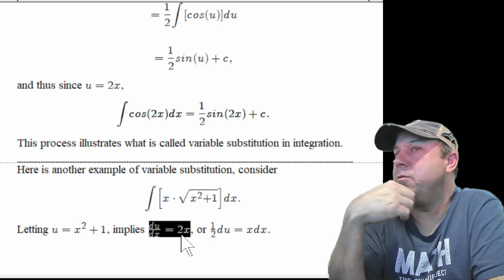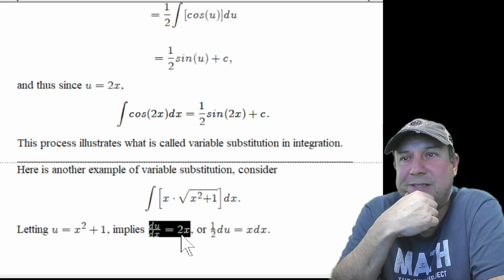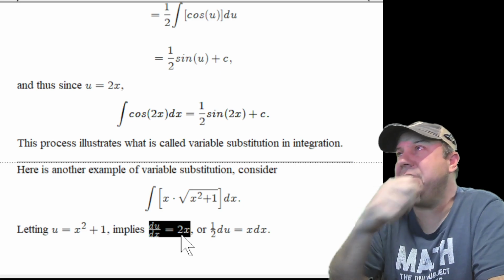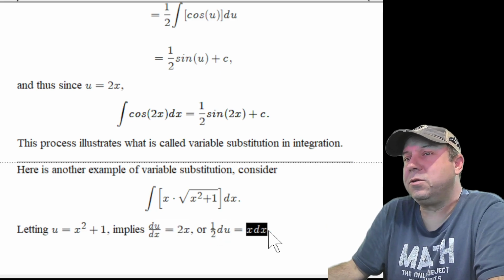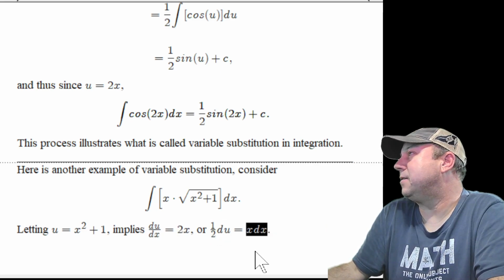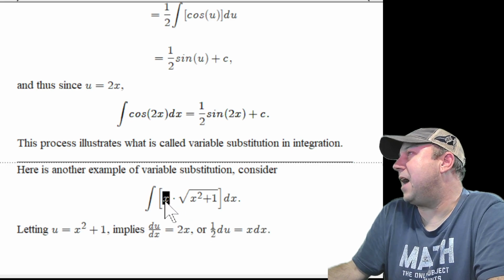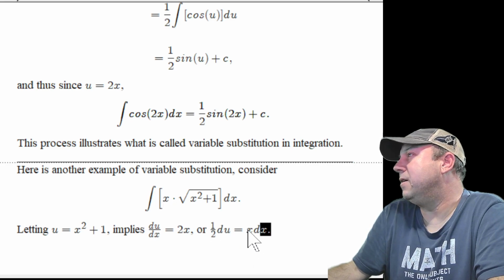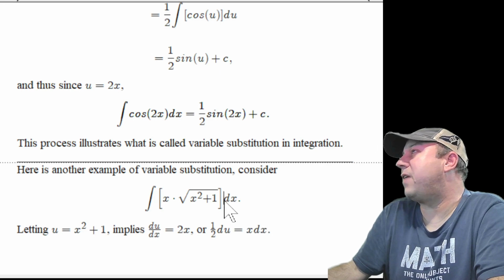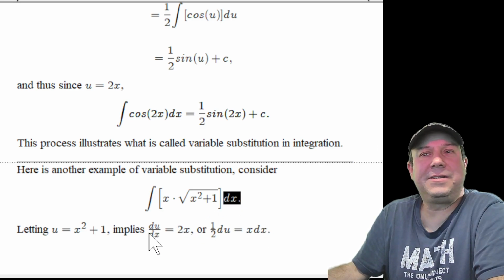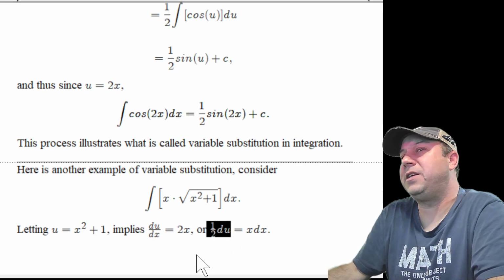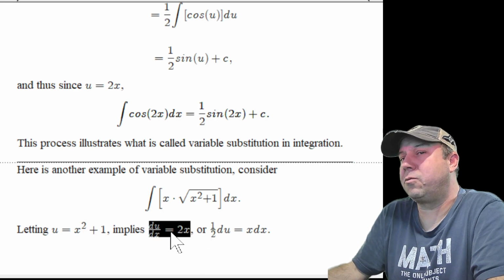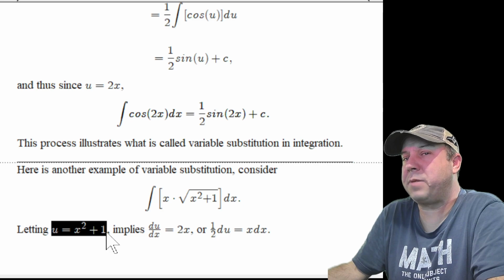The derivative of u with respect to x would be 2x. And with a little manipulation, I can rewrite that quantity as 1/2 du equal to the statement x dx, where this x was necessary to pair up with this value of dx to be able to substitute out with the value of 1/2 du. And all of that developing from the derivative of my value u with respect to x.